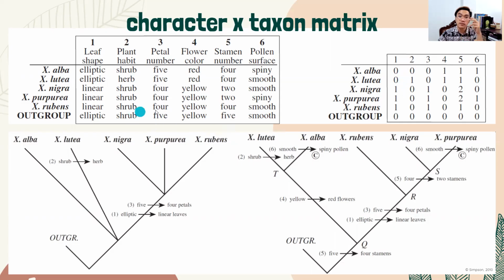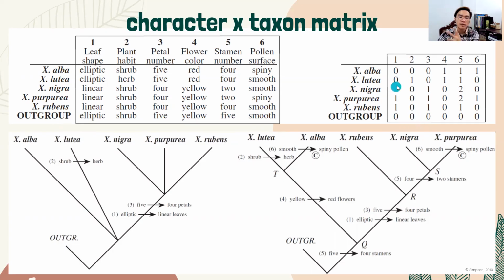The alternate forms of the leaf shape are represented by codes 0 and 1. Usually we assign 0 to the character state exhibited by the outgroup. So in this case, if our outgroup shows an elliptic leaf shape, we assign 0 as the code for elliptic leaf shape.